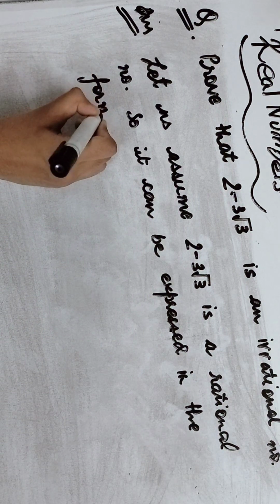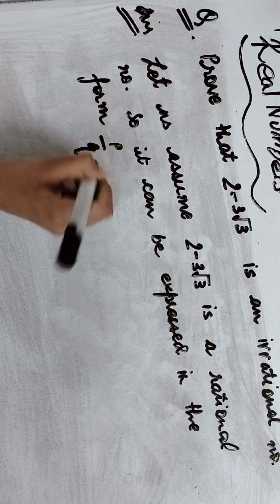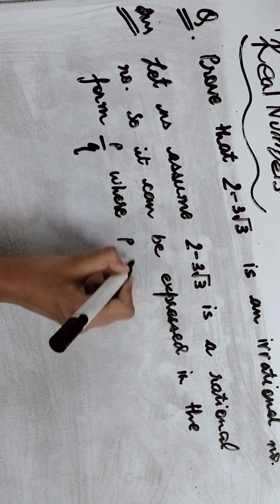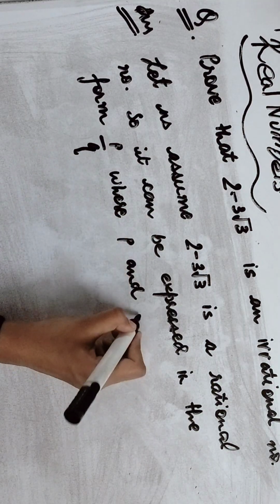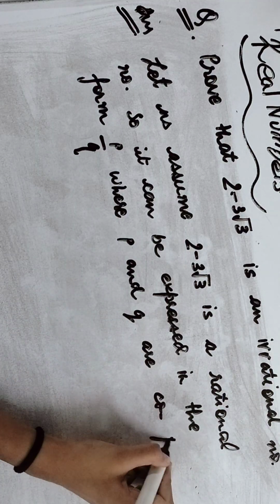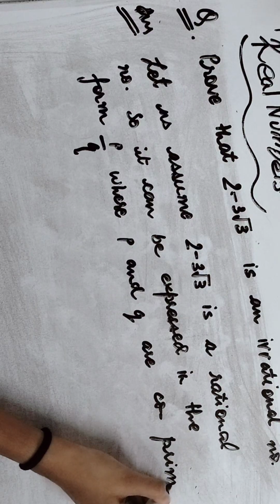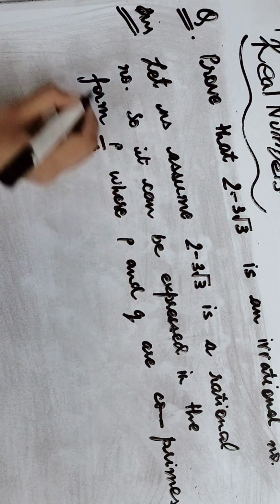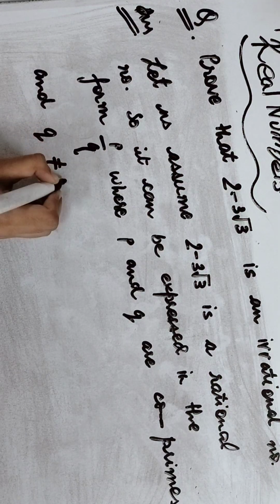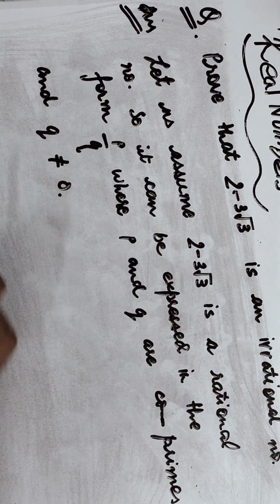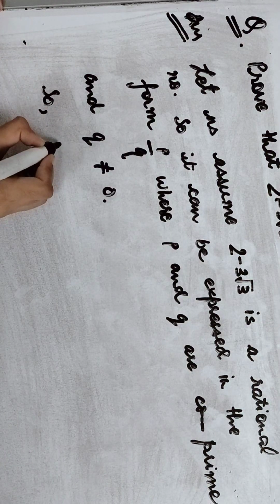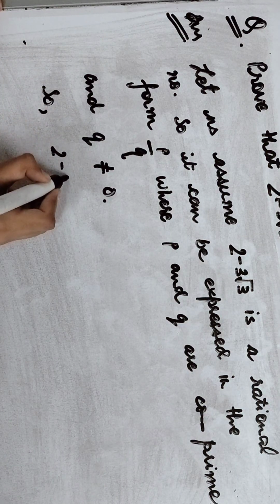So we can say 2 minus 3 root 3 is equal to p by q.